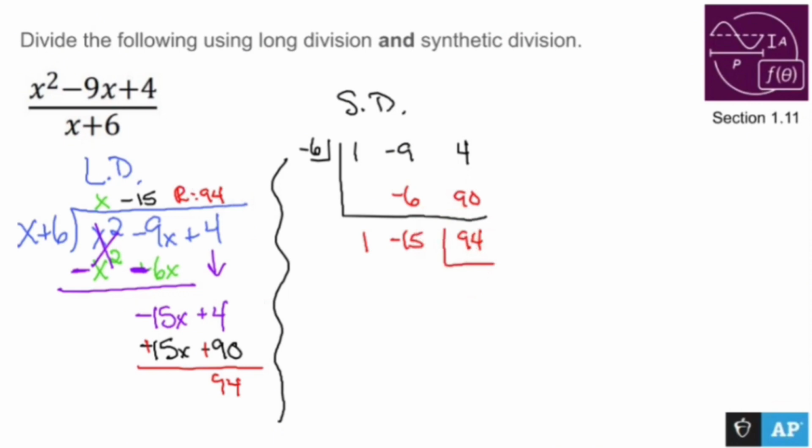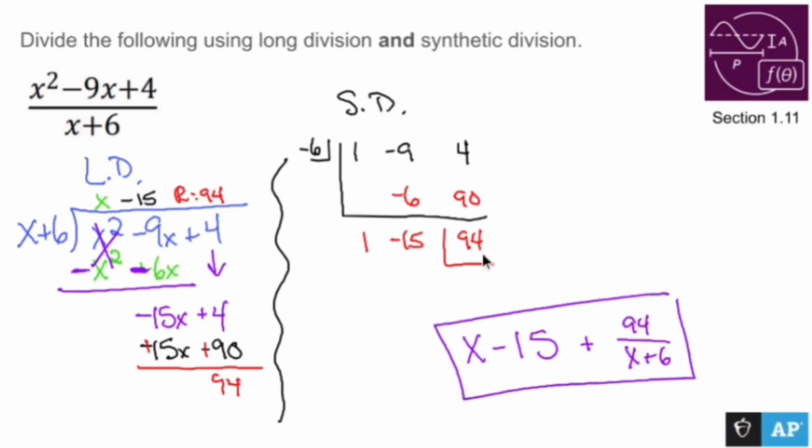Now, the way you answer these problems to completion, if you're being asked to just do division and nothing else, like slant asymptotes, that'll be my next video, is you say, all right, my answer is x minus 15. However, if you have a remainder, the way you write it out is plus that number, 94, over your factor x plus 6.